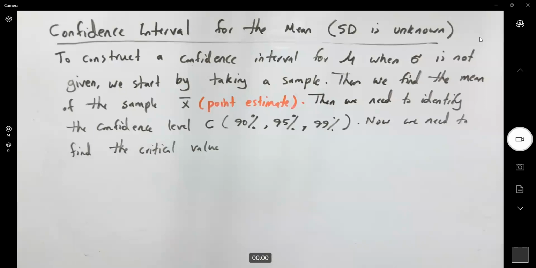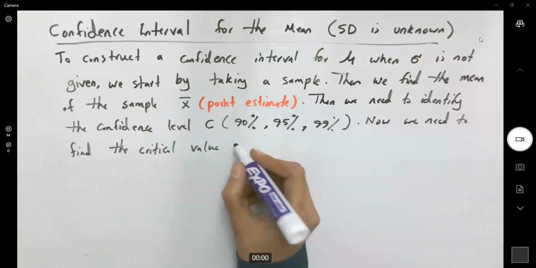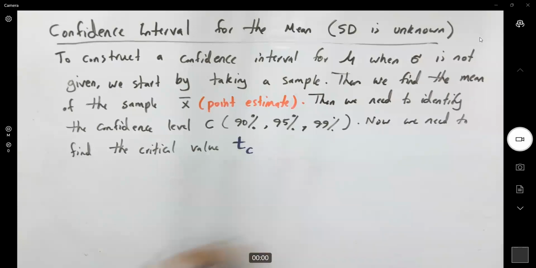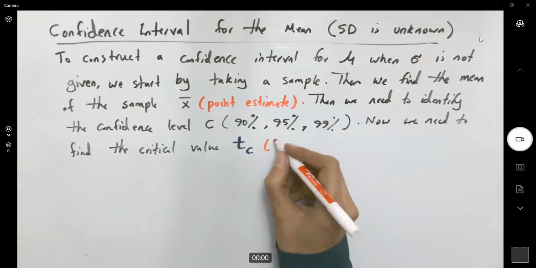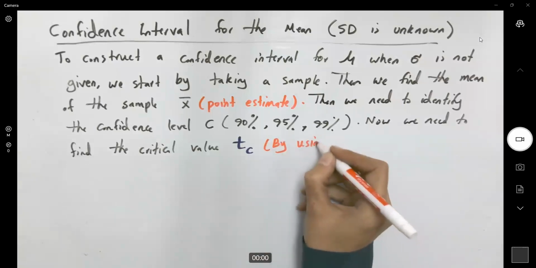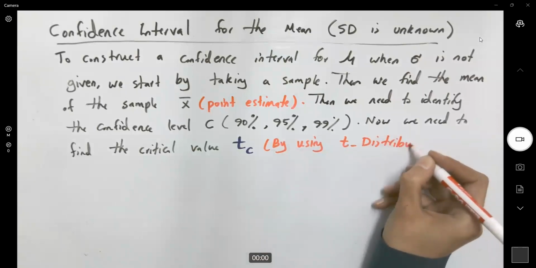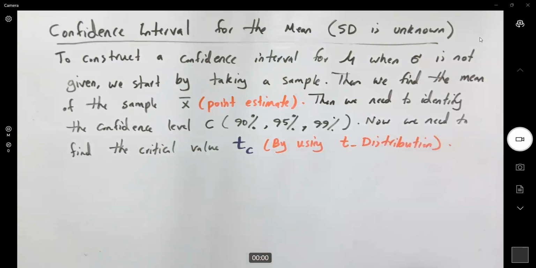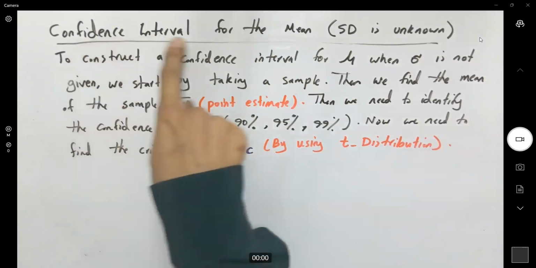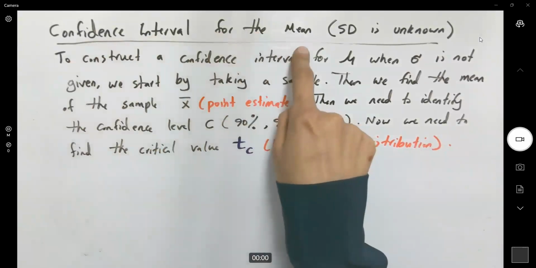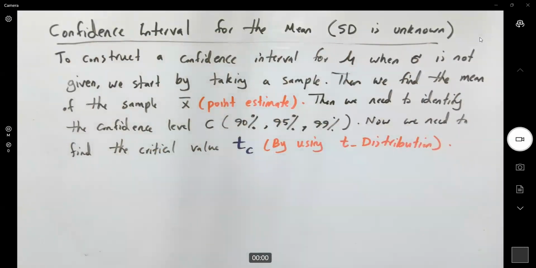It is going to be T sub C. We are using a T distribution. This is the change that we see constructing the confidence interval for the mean once the standard deviation is not known for us. So what is a T distribution?